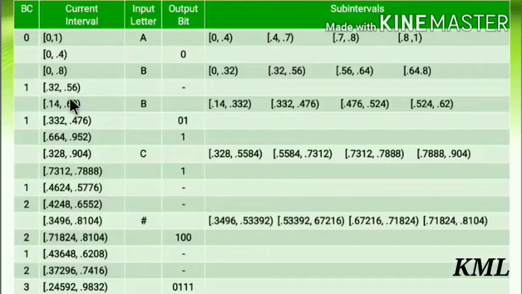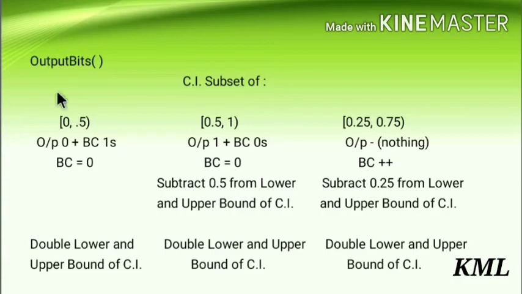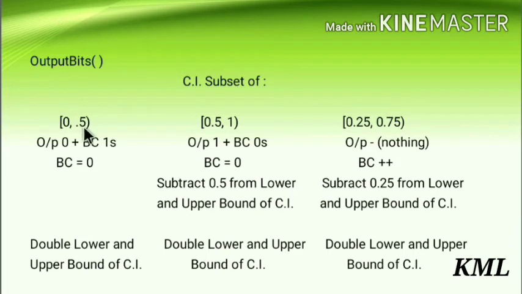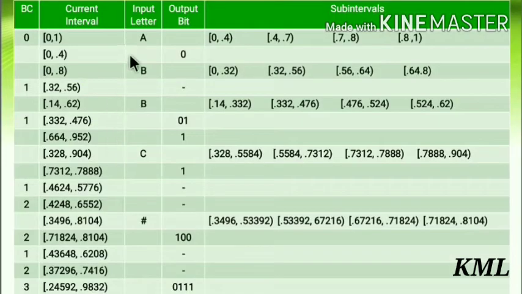When the left side of the current interval is greater than or equal to the left side of the range, and the right side of the current interval is less than or equal to the right side, it falls in that range. So 0.4 falls in this. Now what you have to do is output a 0 followed by bit count number of ones.